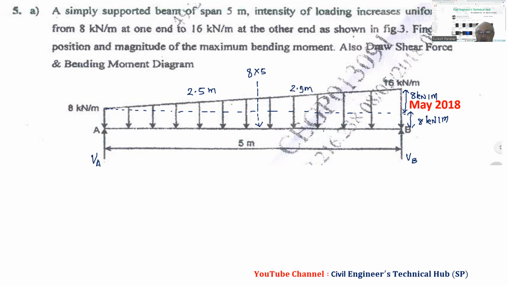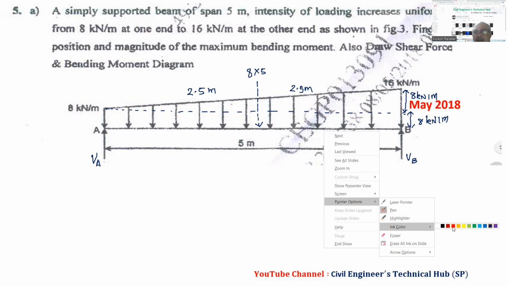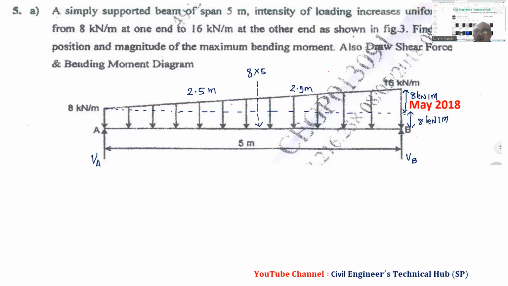Now if we go to UVL, total load is 1/2 base into height. So we have 1/2, base 5 and height 8, because we have taken this as my triangle.